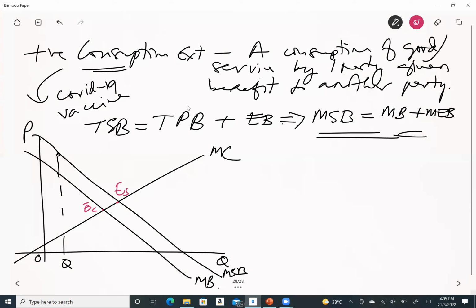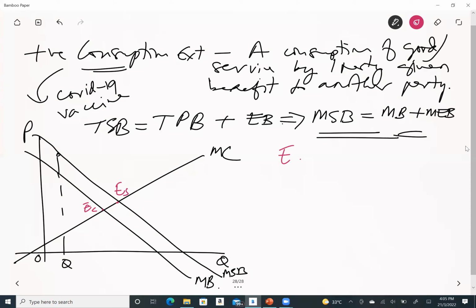So we say, this is the term we use in public finance, the market produces too little output. If you look at the textbook, that's how they describe it.